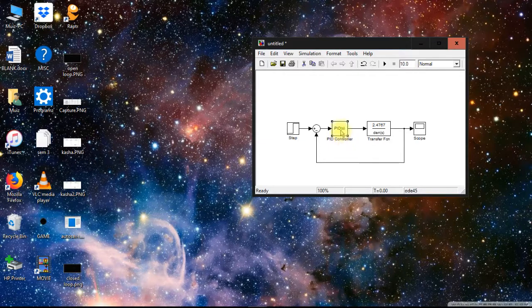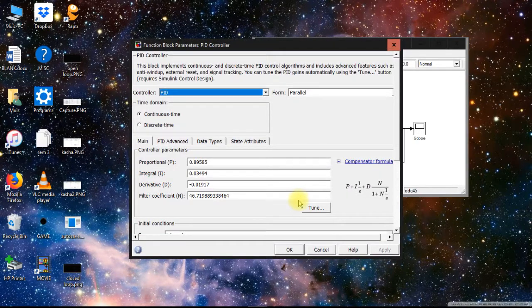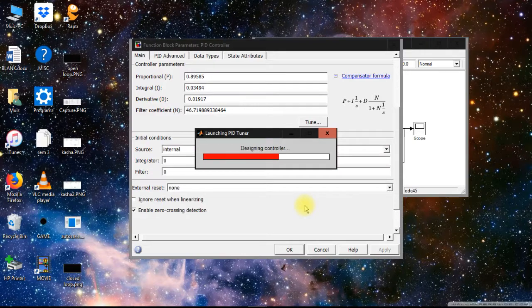The major differences between open loop system and closed loop system are the rise time and the time taken for the graph to reach steady state.